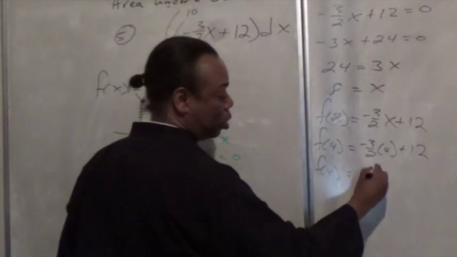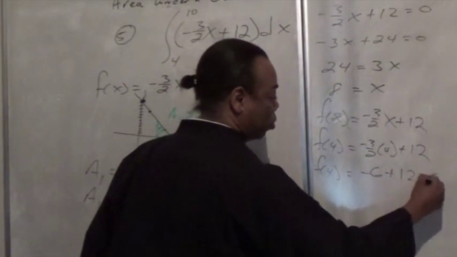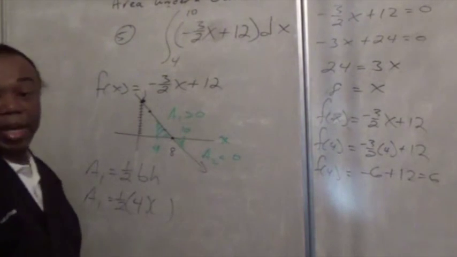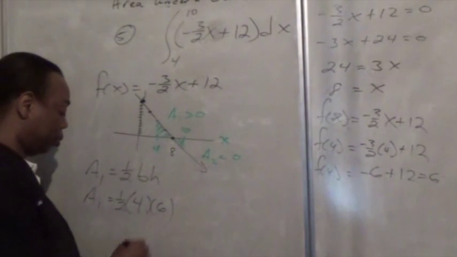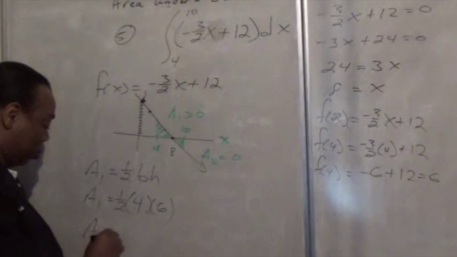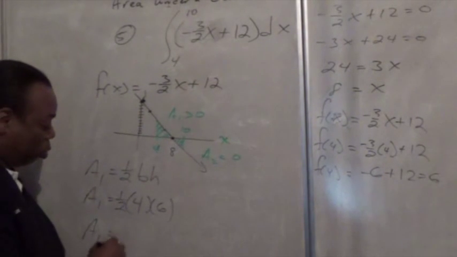This will give us negative 6 plus 12. And so we come out with a height of 6. So area 1 will be 12.